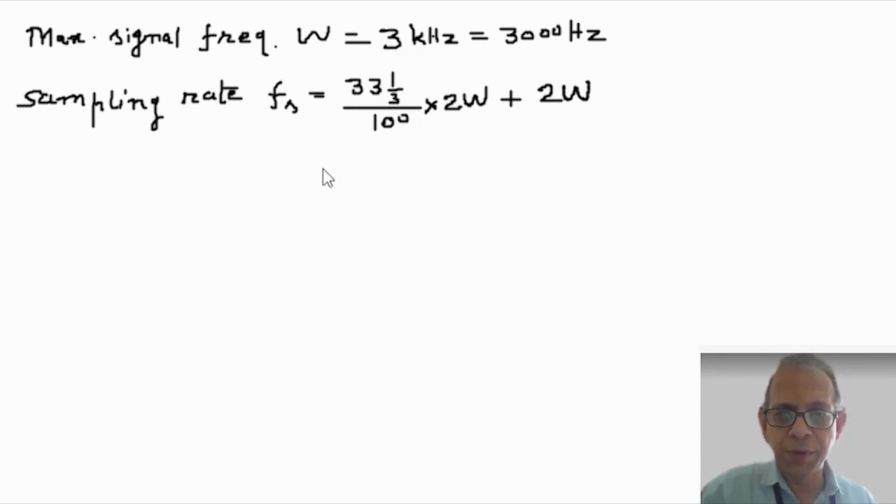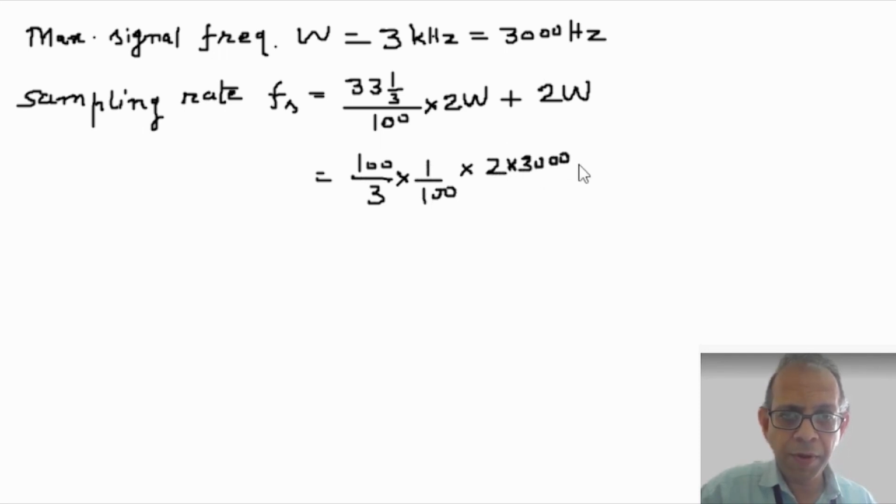Substituting the value of W here, 33 1/3 is 100 by 3, so it becomes 1 by 100 into 2 times W, W is 3000, plus 2 times 3000.